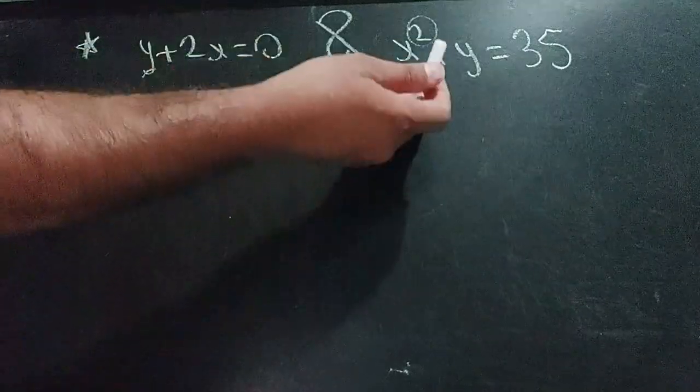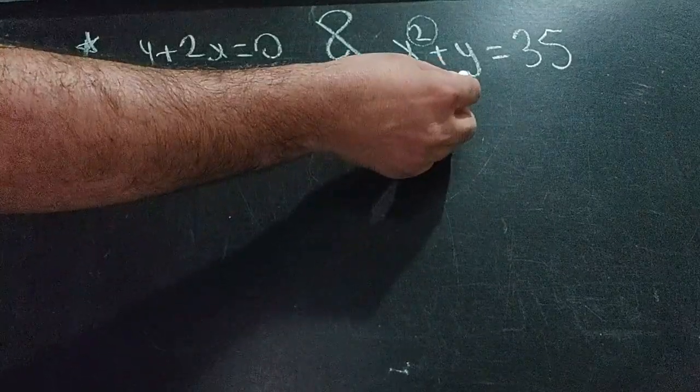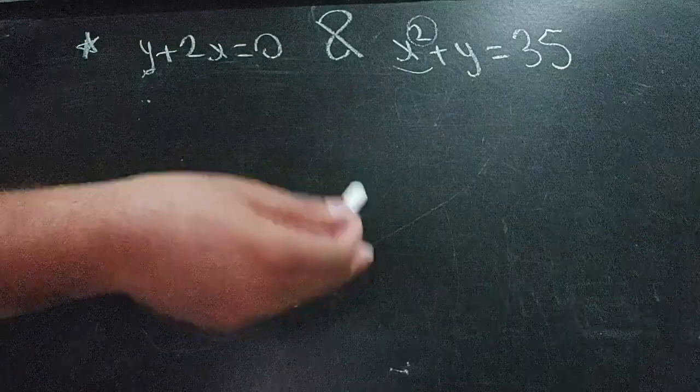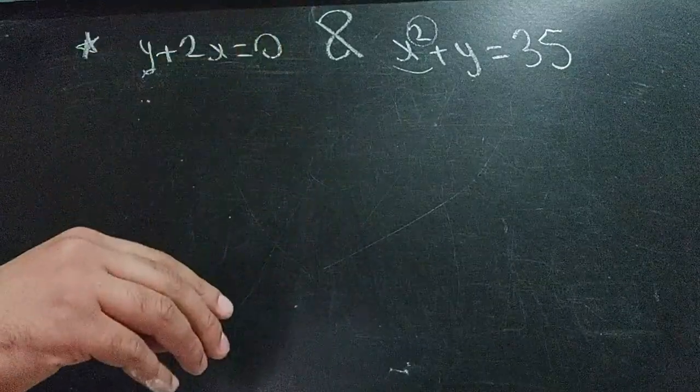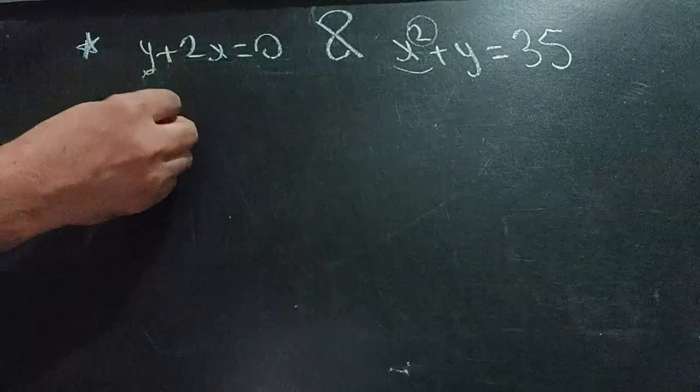Basically you check this side. Sometimes you are going to have both of them squared, and I'm going to show you how to solve those questions too. Now for this question I will leave y alone.